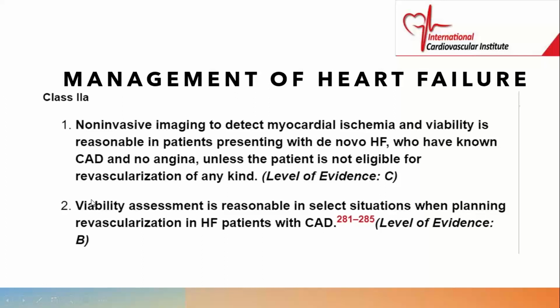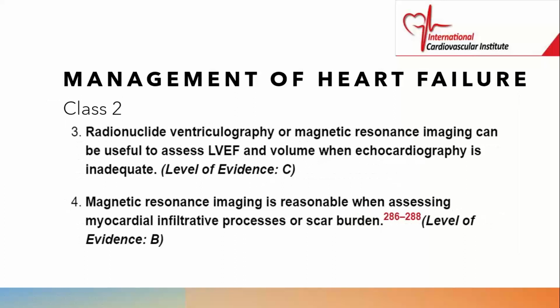Viability studies: if the patient has an ejection fraction of 20%, you want to know if there is any viable muscle there. Because if there is viable muscle, then the patient may be a candidate for revascularization. That is, you may want to do a stent or bypass surgery.